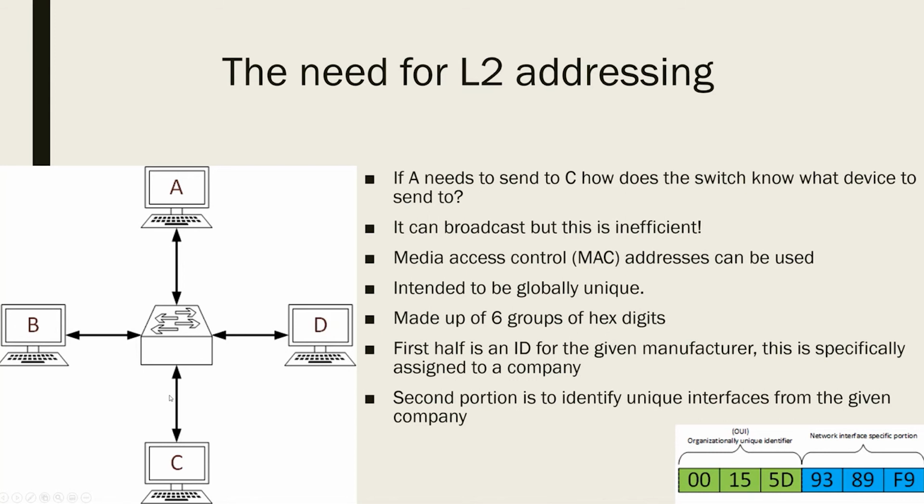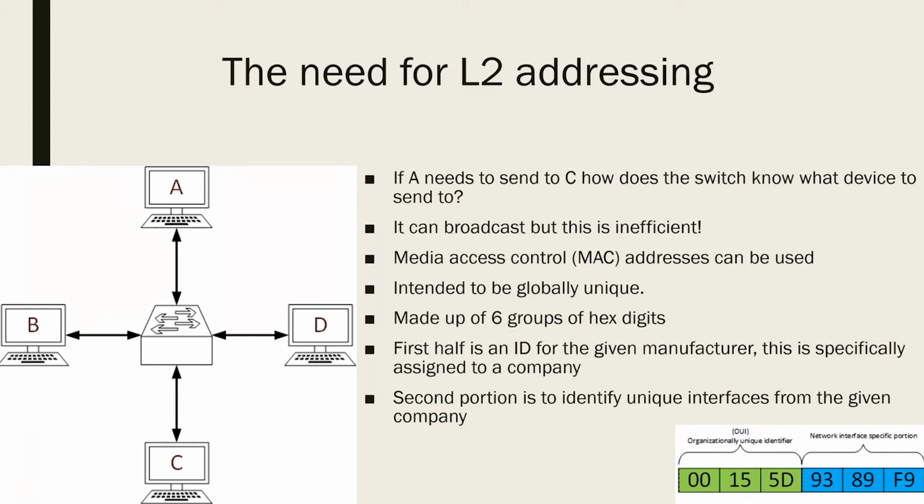Sure, that would get the traffic to C, but B would get the traffic as well, and D would get the traffic, and they don't need it. That adds extra load potentially on the switch, and it adds extra processing required on B and D to process that message and see, is this actually destined for me?